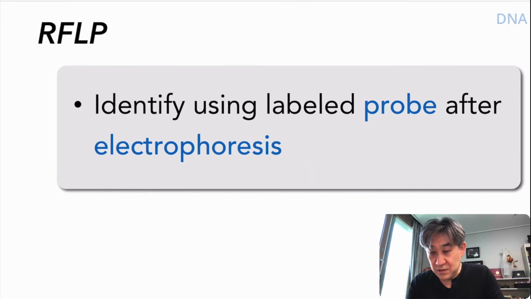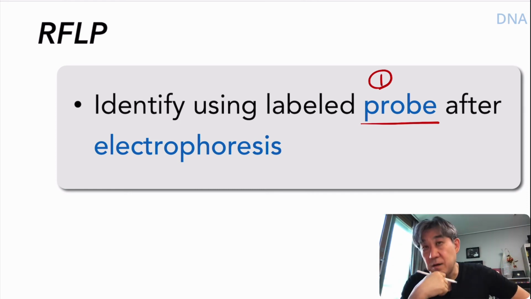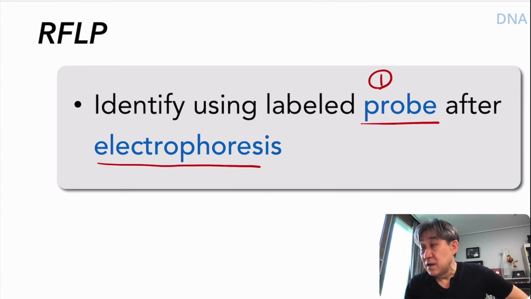Anyway, as I briefly tried to explain, to practically detect this RFLP pattern in different individuals, you have to use the probe, one of the keywords we need in RFLP and DNA profiling, and gel electrophoresis.